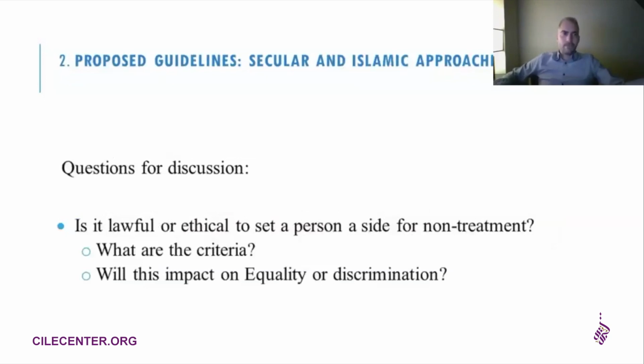Is it lawful or ethical to set a person aside for non-treatment? If yes, what are the criteria? And will this impact equality or discrimination or not?